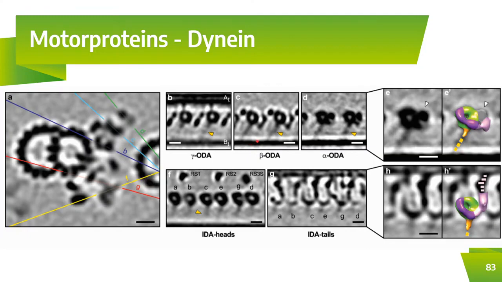Because if you think in this structure there are many dynein molecules or dynein proteins in a row, and of course not all of them are going to be in the same conformation. Some of them are going to be in one, and some are going to be in the other. So they looked at the bulk of them, or many different ones of them, and they analyzed the pictures that you can see here.